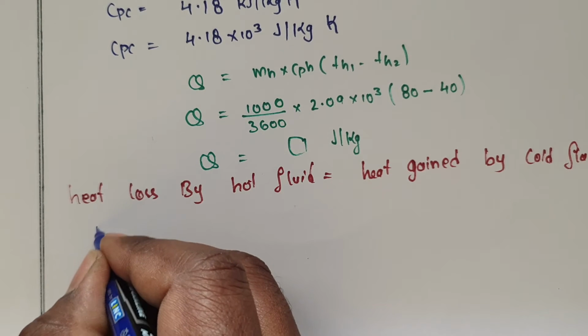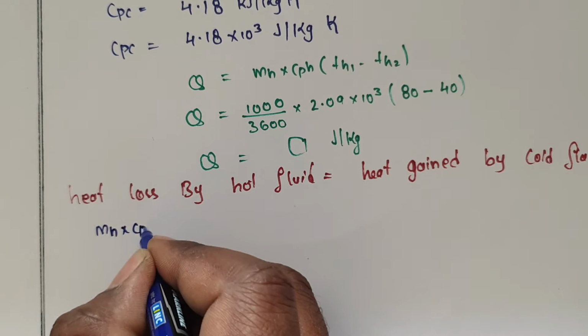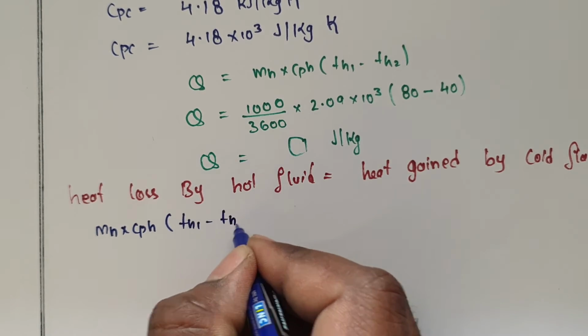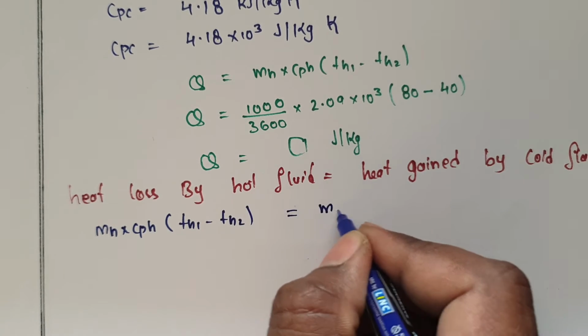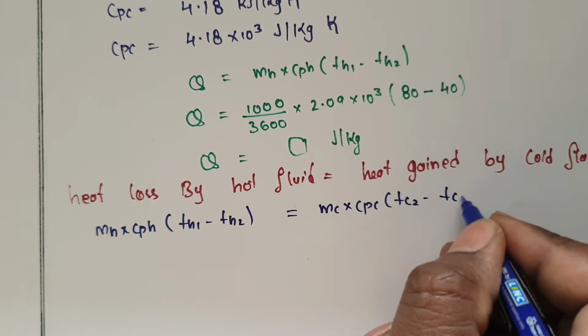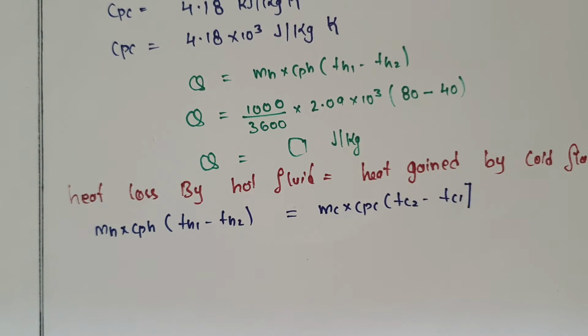So you have to write down the formula. What is the formula? MH CPH, TH1 minus TH2, is equal to MC CPC, TC2 minus TC1.